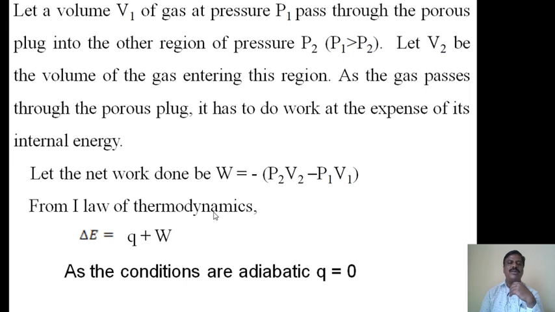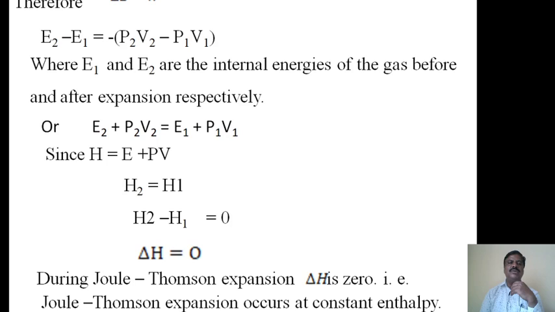From the first law of thermodynamics, delta E is equal to Q plus W. For an adiabatic process, Q is 0, meaning heat is neither liberated nor absorbed. Therefore, delta E is equal to W. The change in internal energy is equal to the work done.